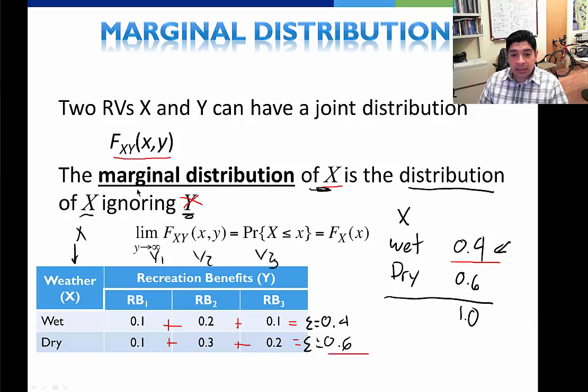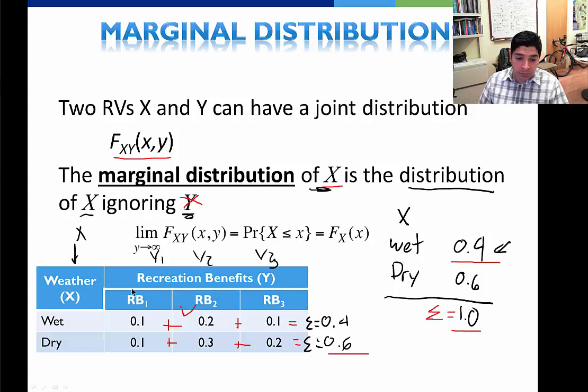So at the end you can see that this marginal distribution, or marginal probabilities, identifies the probability that wet conditions happen without considering the variable y. Again, remember that the golden rule in probabilities is that the sum of the probabilities should be equal to 1.